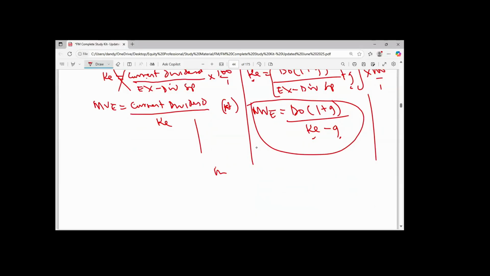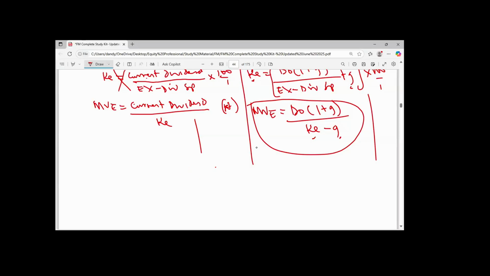Cum-div share price represents the share price that includes dividend. Before you can calculate cost of equity, the dividend must have been paid. If the dividend has not been paid, it means the share price given to you is cum-div, and you don't use the cum-div share price to calculate cost of equity. It has to be the ex-div share price.